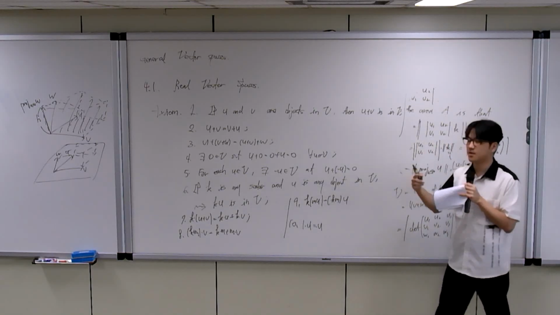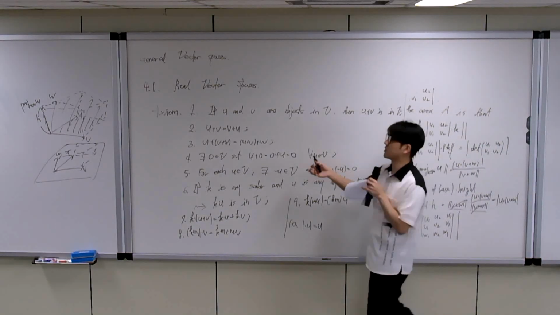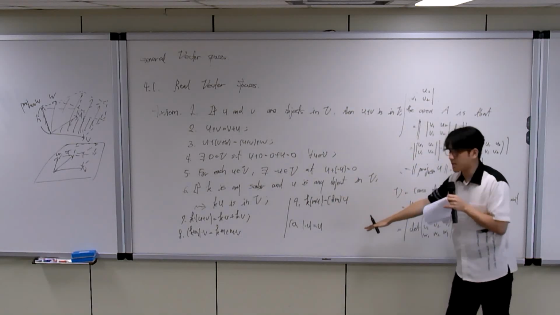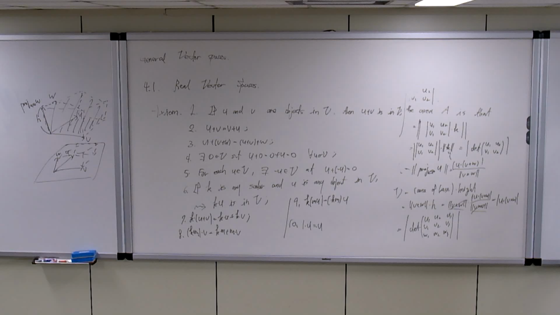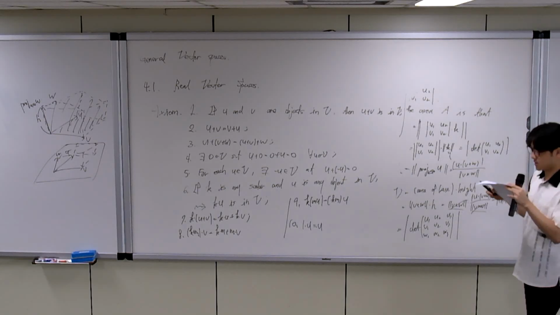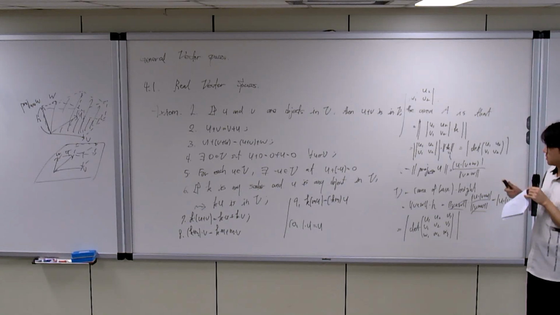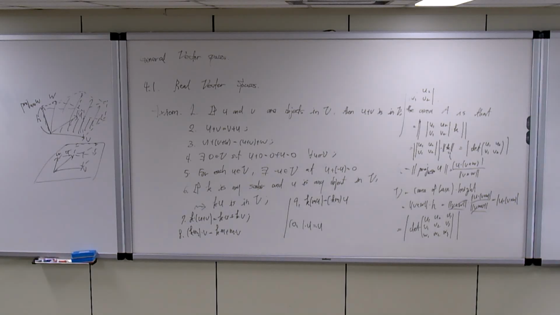So if a set V satisfies these 10 axioms, then we say it is a vector space. I will finish today's topic here, and the remaining I will do next week. Thank you.